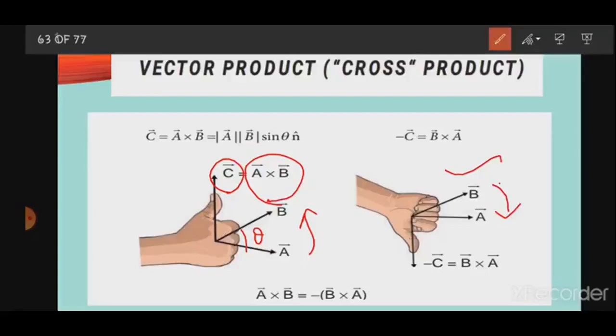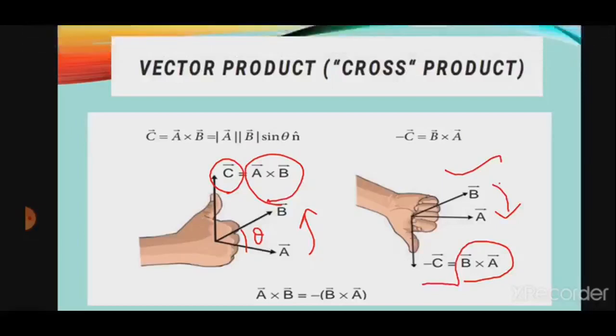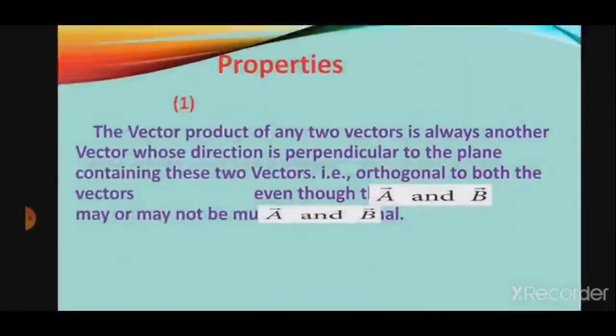So B vector cross A vector is equal to minus C vector, because the negative sign indicates opposite direction. Are you clear? Next we go to discuss the properties.